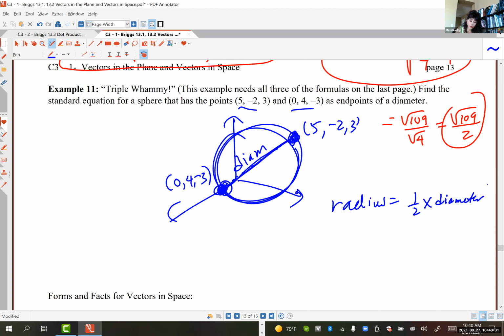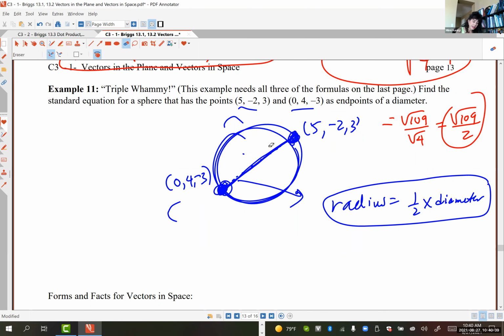So that's an important point that we need to keep track of. And the center of the sphere is going to be located as the midpoint of those 2 points. So that's where the midpoint formula is going to come in handy. And then of course we're going to need the sphere equation once we get our radius and center point.